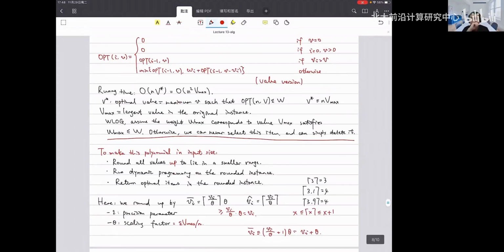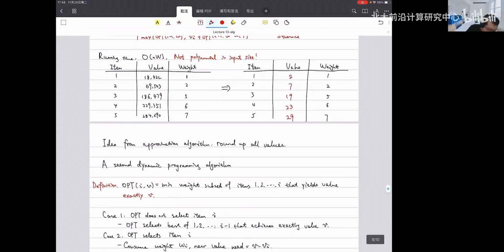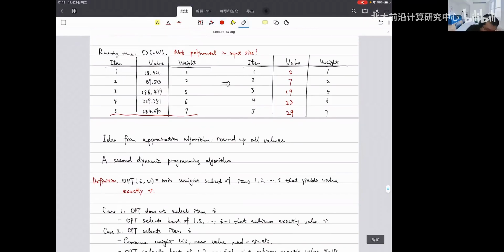we assume that W max is smaller than or equal to W. For an input problem, for instance, assume that the weight of an item is 100 and the capacity is only 10. You can just delete this item because it is never going to be helpful to you.